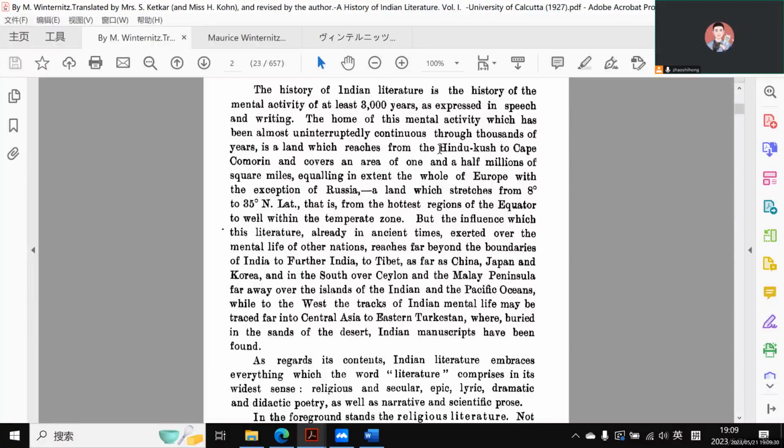For example, the very important geographical points, such as the Hindu Kush. That's a very long, huge and sharp mountain range in northwestern Pakistan. And this Cape Comorin is the southern tip of the South Asian subcontinent, near Sri Lanka.